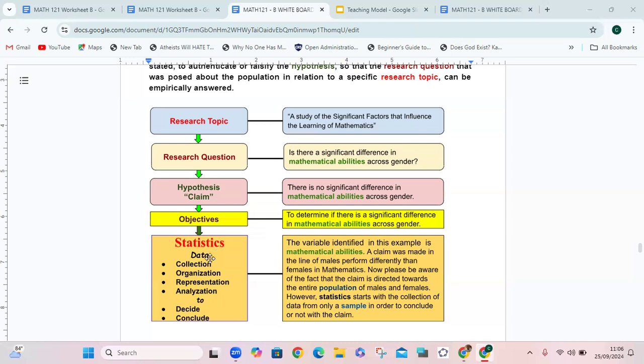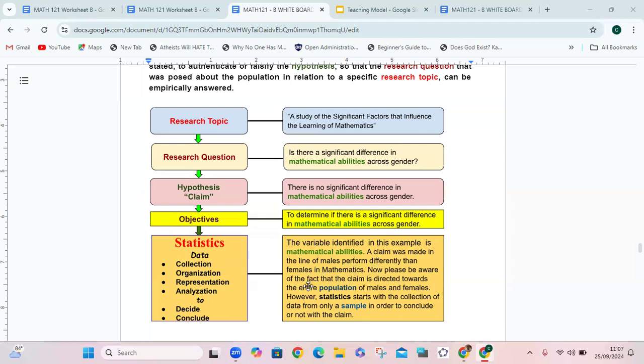Statistics deals with data collection, organization, presentation, analyzation to decide and conclude. So in this example now, the variable identified is mathematical abilities. That is the variable. A claim was made in the line of males performing differently than females in mathematics.